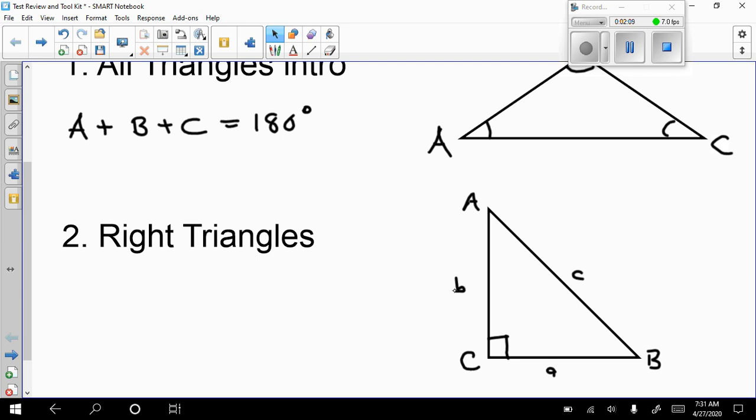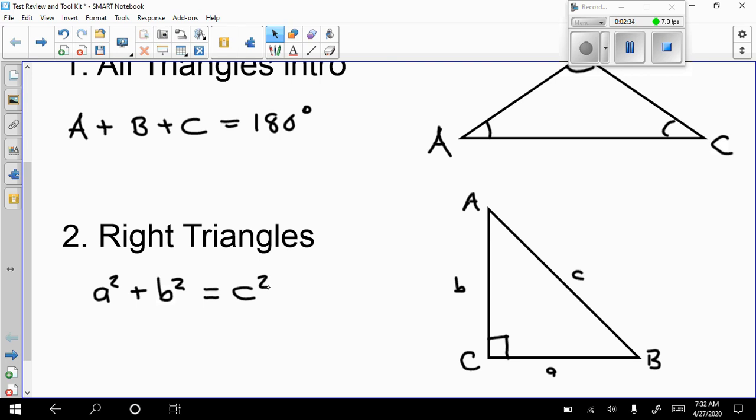So one thing we do know always about right angle triangles, and we've learned this in previous years, is that the two shorter sides, we can take those and go a squared plus b squared. The sum of the squares of the two shortest sides is equal to the square of the hypotenuse.